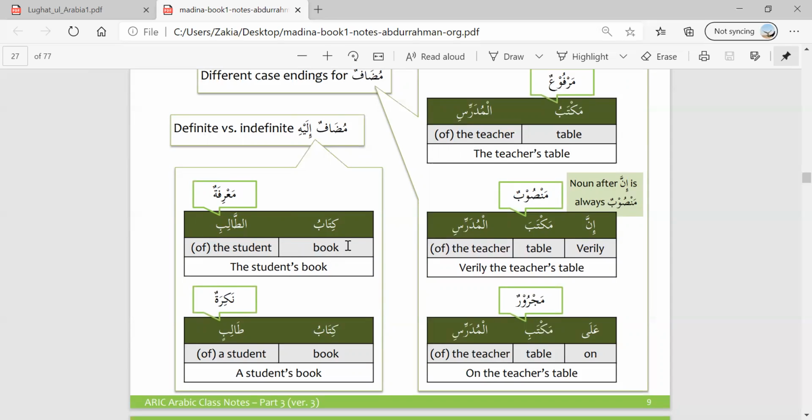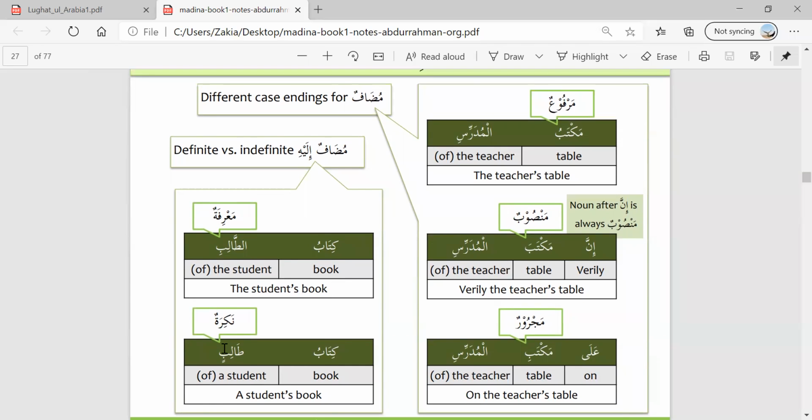And kitabu is marfu'un because it ends with a dhamma. Here you have a ma'rifa, definite, then you have indefinite. So kitabu talibin, a student's book. So different case endings here.